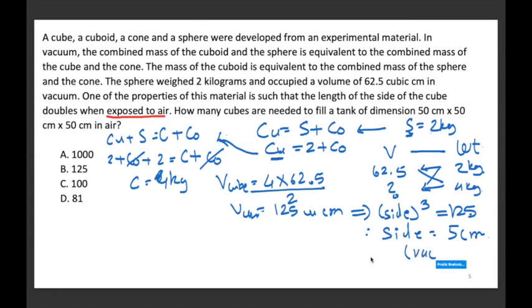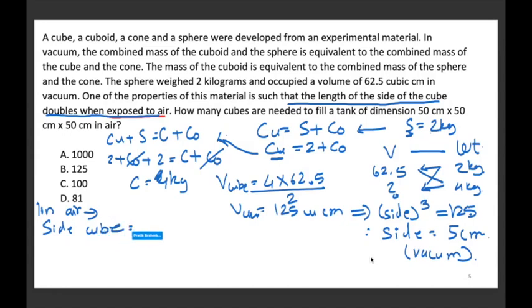This is vacuum, okay? So in air, what we know is side doubles. By the last part, the length of the cube doubles when exposed to air. So side of the cube in air will be equal to 5 multiplied by 2, which is 10 centimeters.